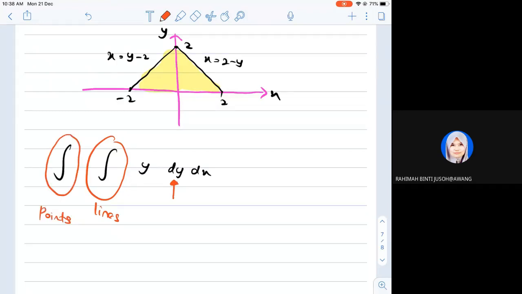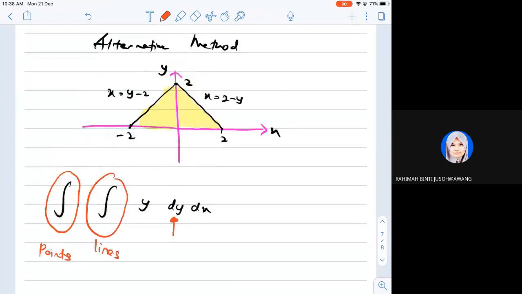So the lines, what are the lower lines? Limit for y, lower line. y equals to 0, isn't it? Now what's the upper limit of y? 2? You cannot put 2 because inside here should be lines.